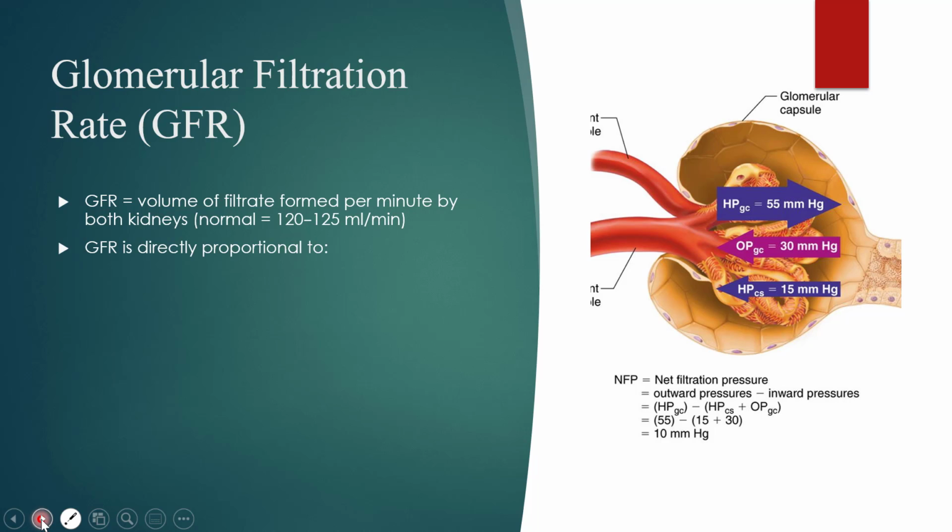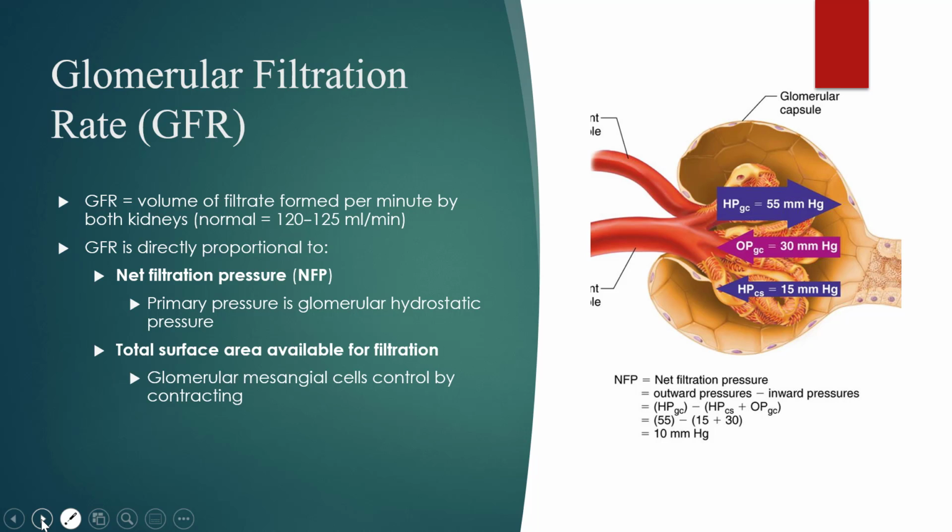Our GFR is directly proportional to the net filtration pressure, which is the primary pressure of the glomerulus, and the total surface area that is available for filtration. The glomerular mesangial cells are actually controlled by contracting here.